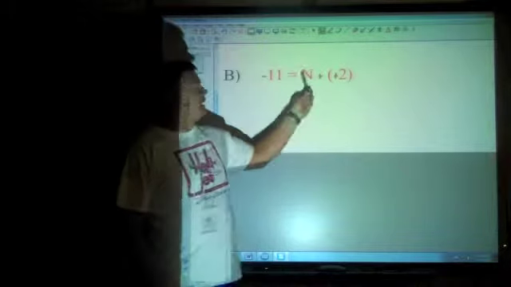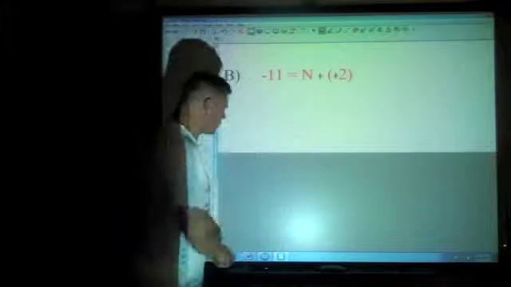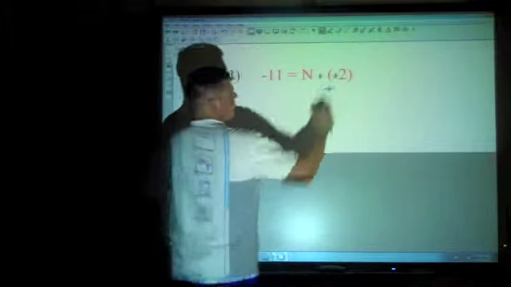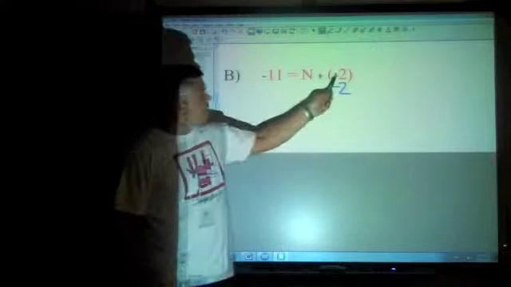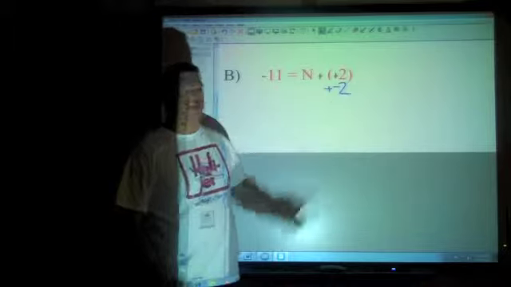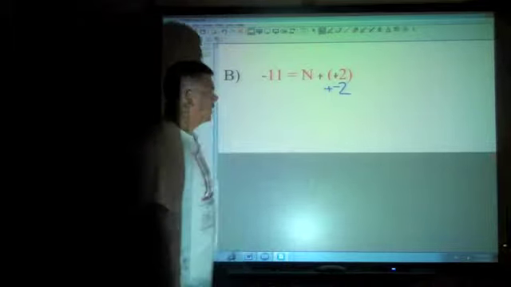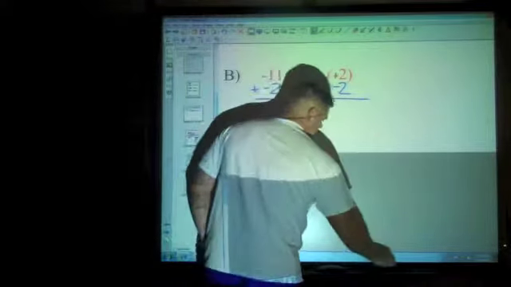Because now that that's really n plus 2, you would not add 2 to both sides, because adding a 2 is not the opposite of a positive 2. I can't add positive 2. I have to add negative 2. Now that positive 2 and this negative 2 are opposites. They will cancel each other out, which is perfect. Whatever I do to one side, I must do to the other.